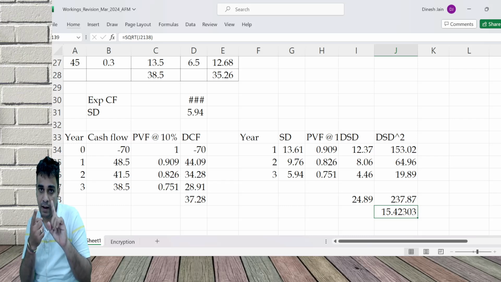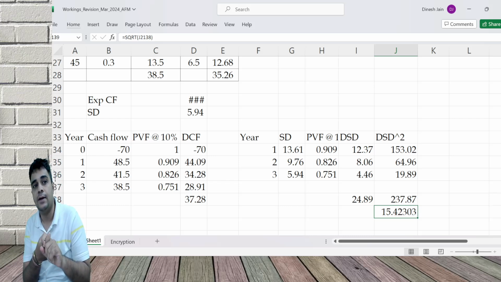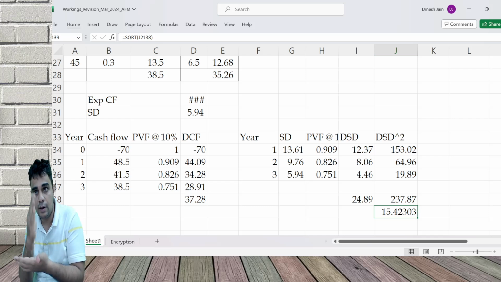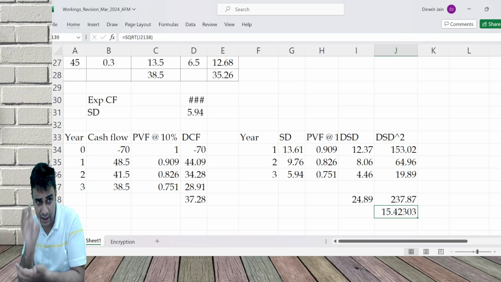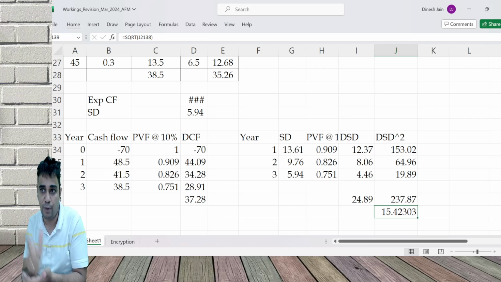Listen, first type of a question is where they give you the NPV and probability, where you need to do NPV, probability, product, deviation, PD square. Second, they give you cash flow and ask you best case and worst case. You first convert the given data into NPV and probability by computing 3, 4, 5, whatever number of NPV.